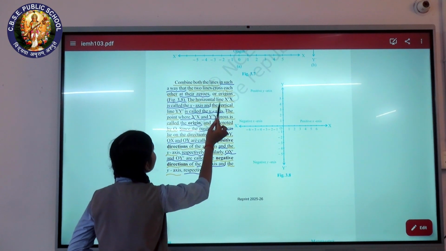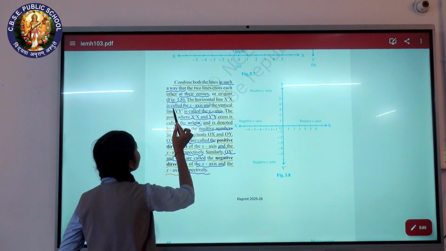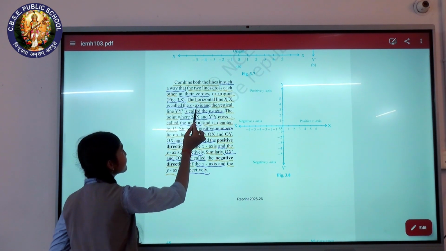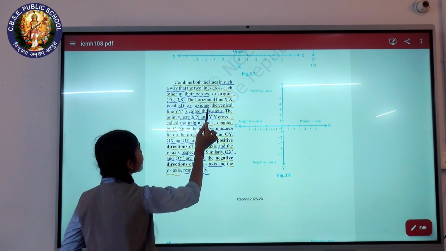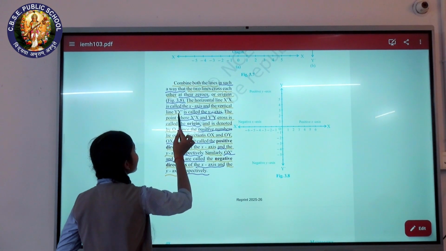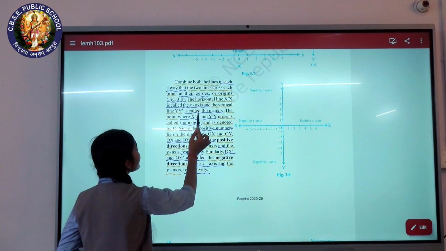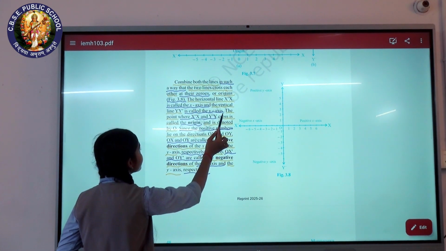The horizontal line x dash x is called the x-axis, and the vertical line y dash y is called the y-axis.